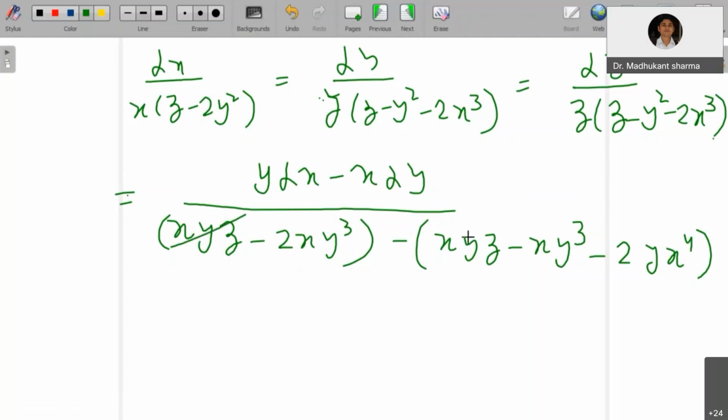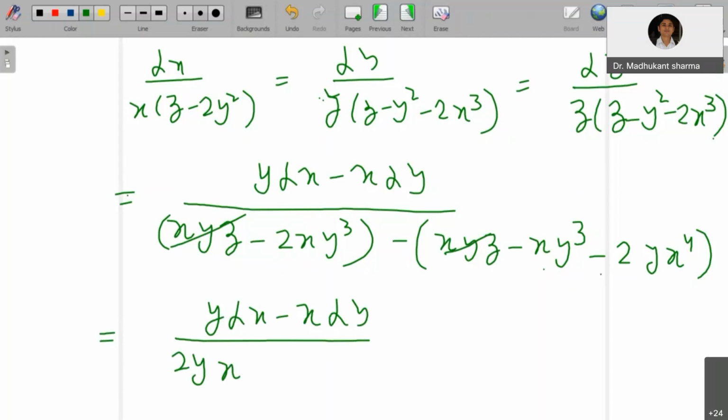So x into y into z will get cancelled. Whether we can further simplify it: y dx minus x dy divided by x into y cube minus 2xy cube, and this is minus minus plus. So what you have is 2yx to the power 4 minus xy cube.